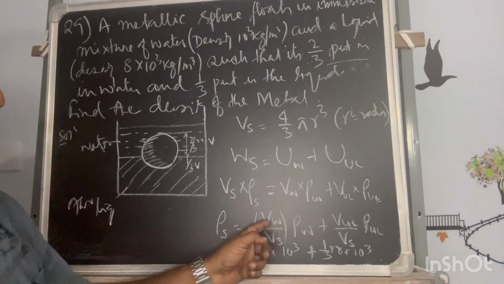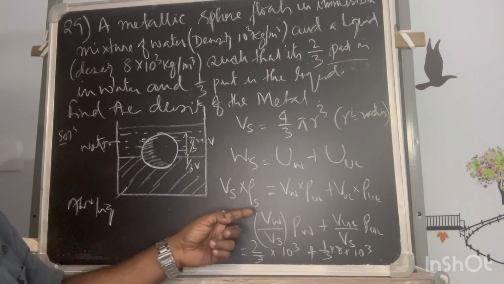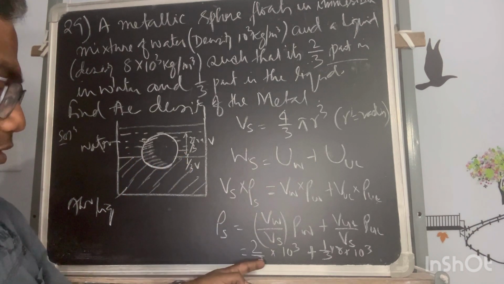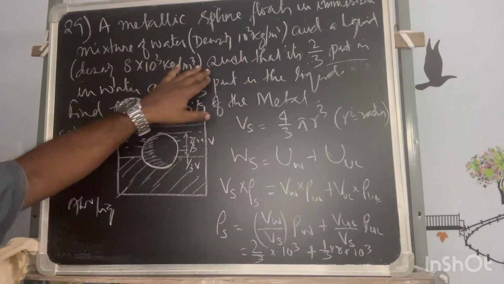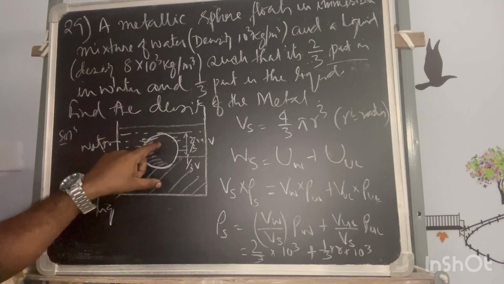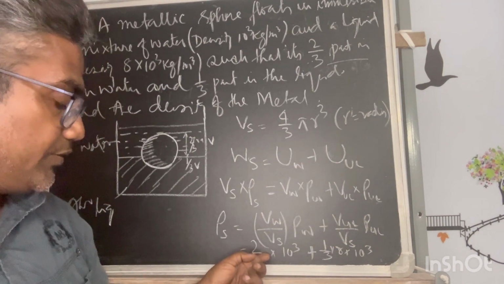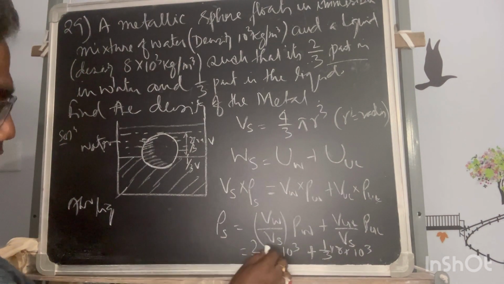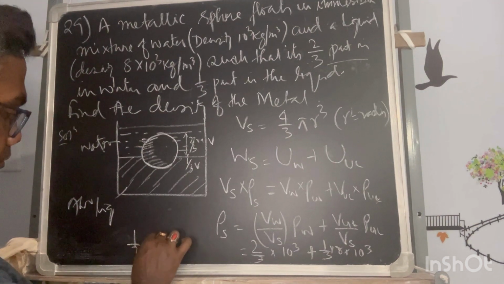Understand this point. Volume of the liquid displaced, that means this will displace that much which is inside the liquid. So this fraction will be 2/3, because it is said that its 2/3 part is in water. So if 2/3 part is in water, that much of water it will displace. And for the case of the other liquid it is 1/3 into 8 into 10 to the power 3.